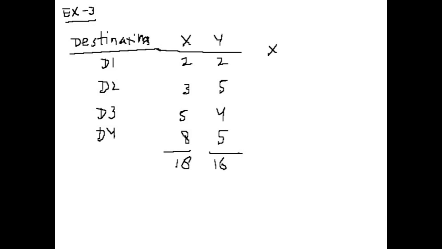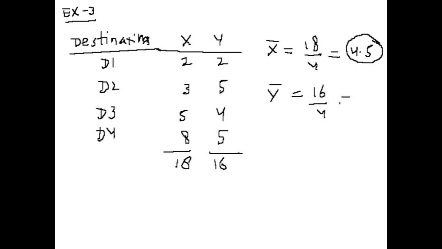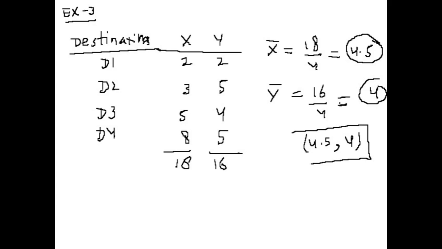So X bar gives 4.5, and the average of Y is 4. So the coordinates of the location based on center of gravity will be 4.5 and 4. If we look at the 4 destinations, the closest one is destination 3. So using the center of gravity method, the location could be in that area.